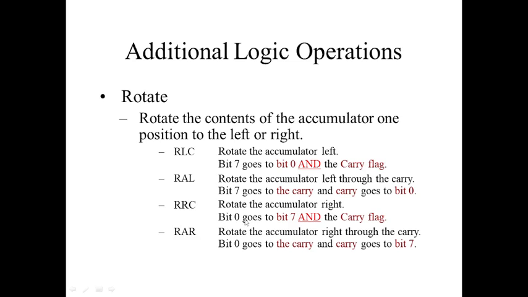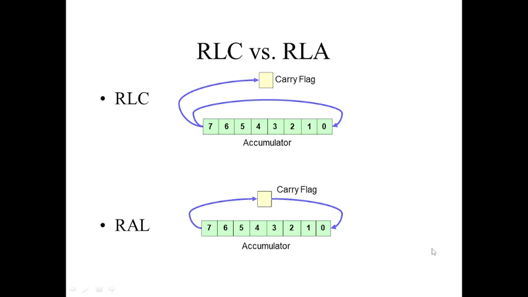Bit D0 goes to bit D7 and the carry flag. RAR, rotate the accumulator right through the carry. Bit D0 goes to carry and carry goes to bit D7.